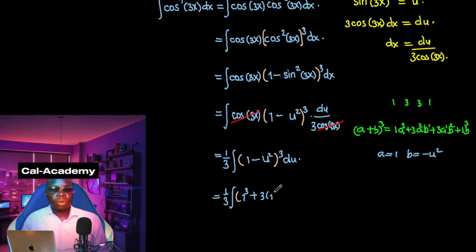and 1 will reduce the power to 2, so b comes in, and that is negative u square, to power 1.